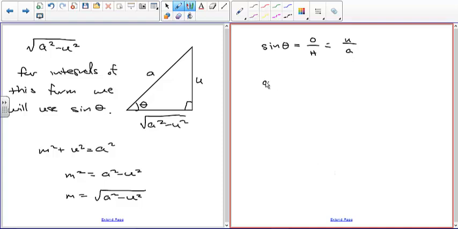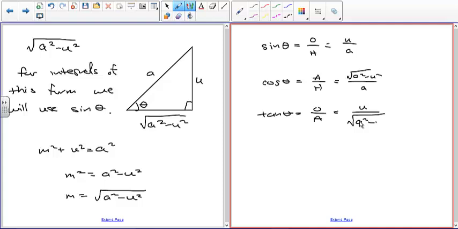We could say the cosine of theta, which is the adjacent length over the hypotenuse length, is going to be equal to the square root of a squared minus u squared divided by a. The tangent of theta, which is the opposite over the adjacent, is going to be u divided by the square root of a squared minus u squared.